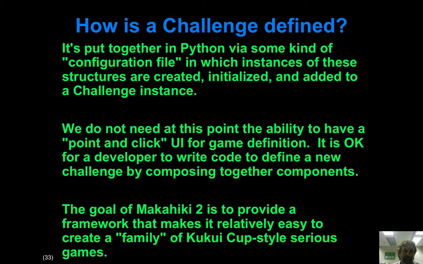I'm not worried about any kind of declarative syntax for this at this point in time, unless someone really wants to do it. I don't expect a non-savvy Python programmer to be able to define a serious game without doing some programming and understanding the framework. I want to make that clear.